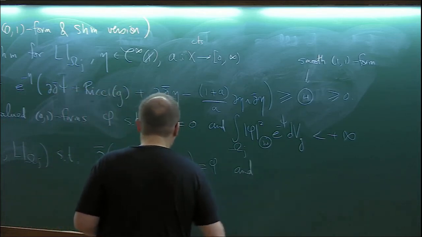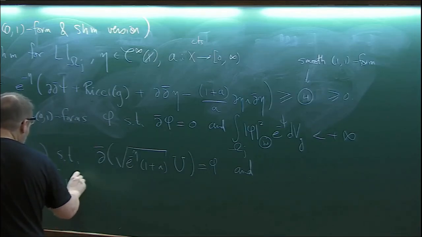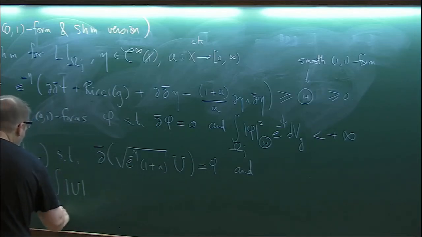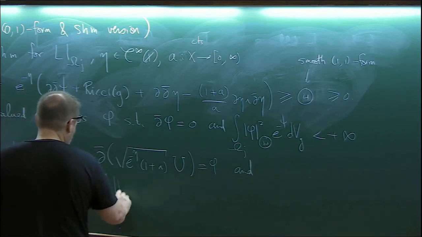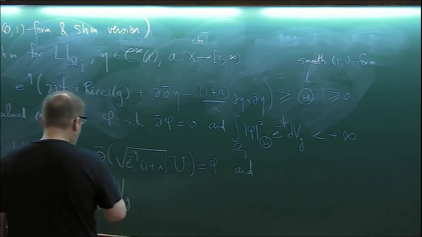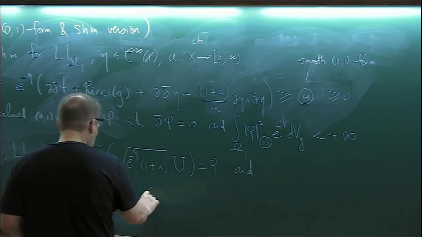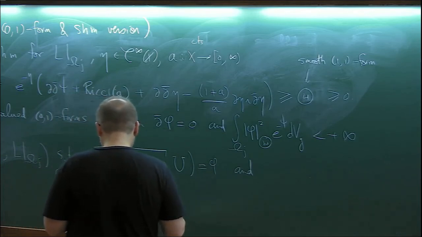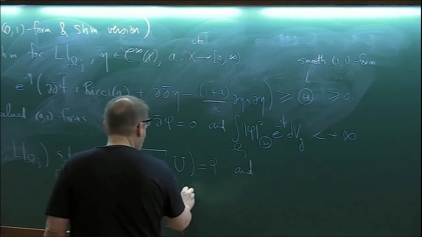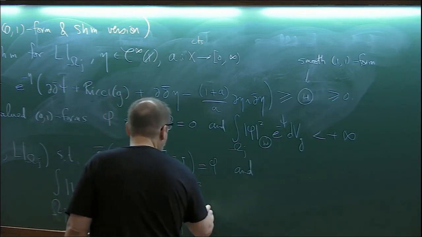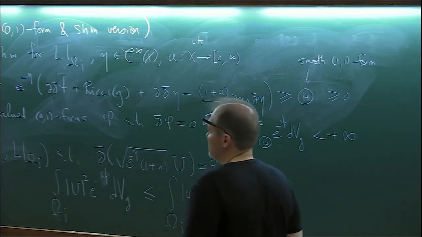And you have the estimate: the integral over x, omega j, of U squared e to the minus psi dv sub g is less than or equal to this thing. This is what we went through.